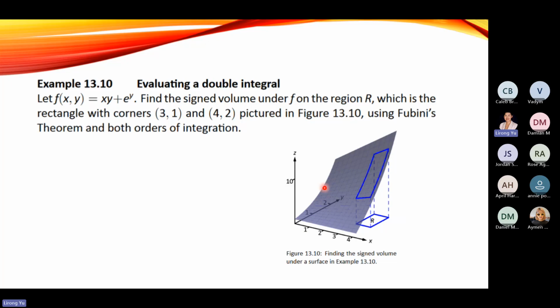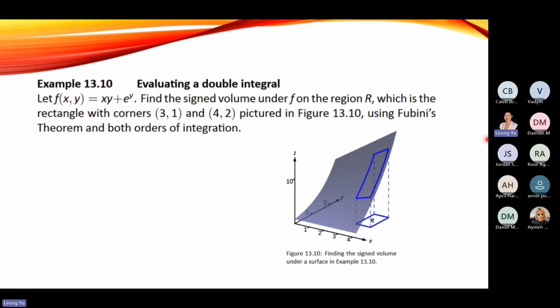The base region in this question is the xy plane, because we use x and y as our independent variables in the two variable function. You could also have f of x z, such as x times z plus e to the z. So the variable can change, the orientation can change. But since the change of variable is possible, we focus on the two variable function using xy as orientation.